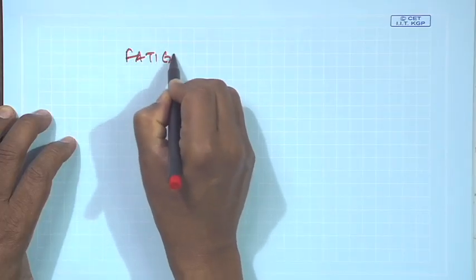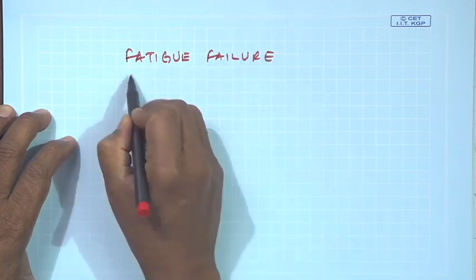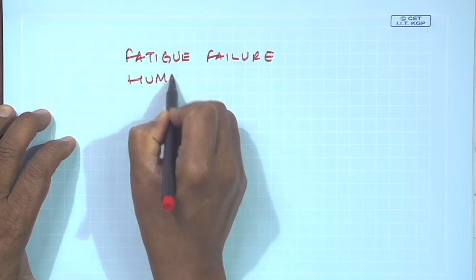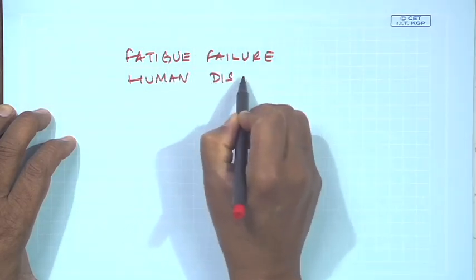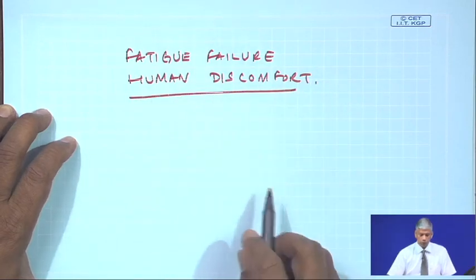But then there is a lot of undesirable vibrations, as in vibration will cause fatigue failure, will create human discomfort, and so on. We will discuss this in one of the later classes and show you practical examples where vibration is undesirable and vibration is desirable.